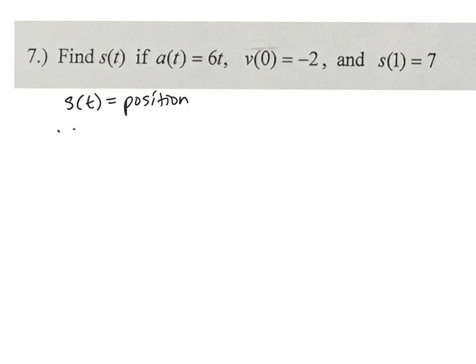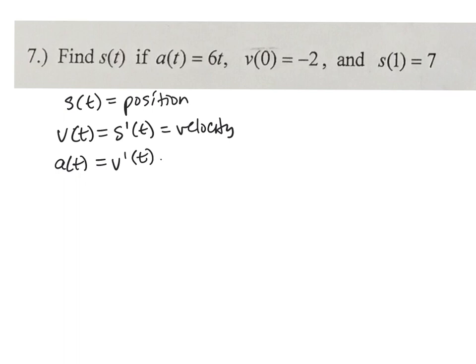So the velocity then is s prime of t, which would be our velocity function, and then acceleration, which is the first derivative of velocity and the second derivative of position, that is acceleration.